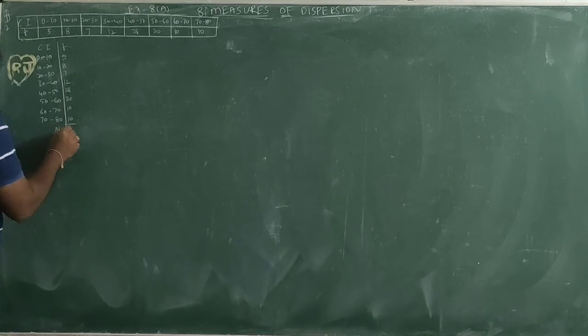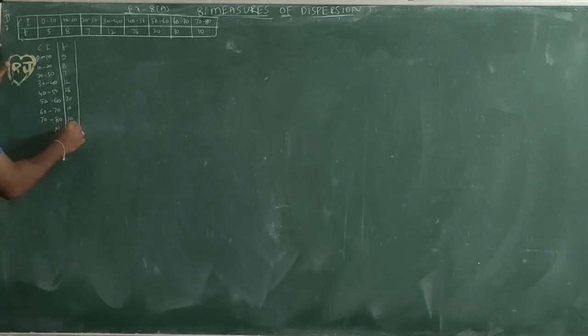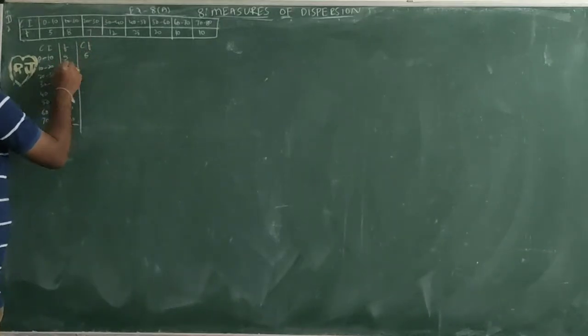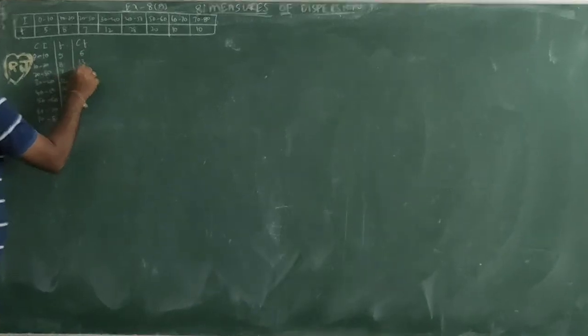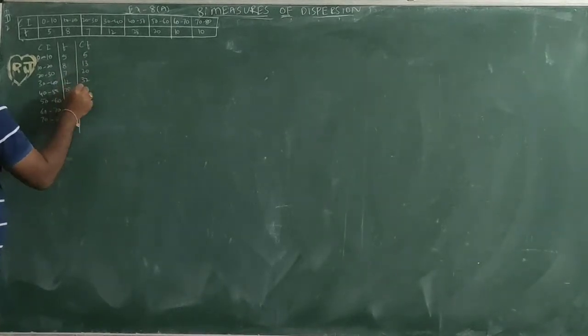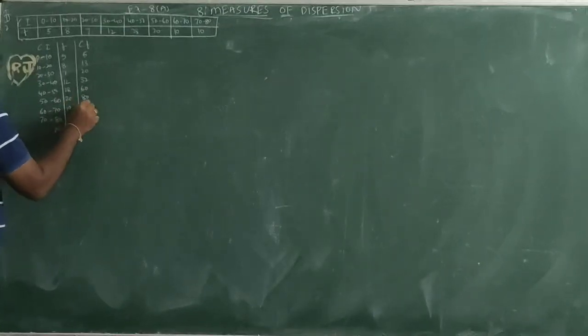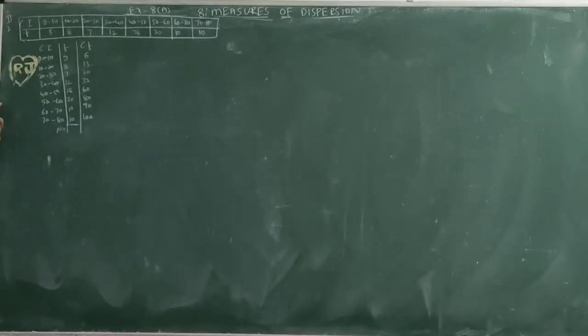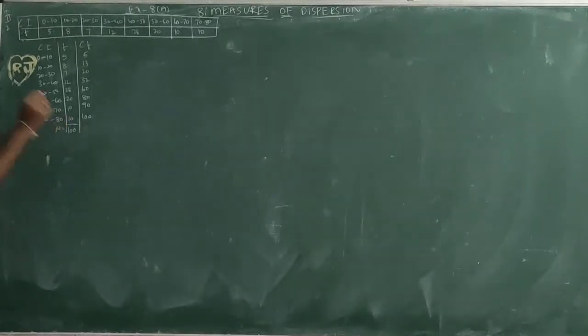N equals the total frequency. First the cumulative frequency: 5 plus 8 is 13, plus 7 is 20, plus 12 is 32, plus 28 is 60, plus 20 is 80, plus 10 is 90, plus 10 is 100. The last cumulative frequency automatically gives the sum of frequencies, which is 100.